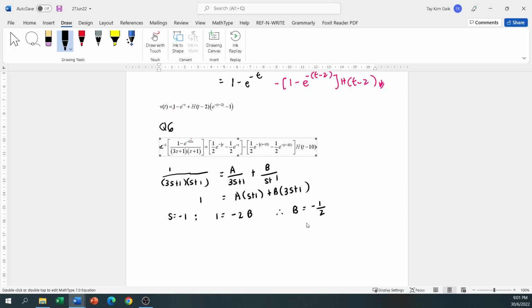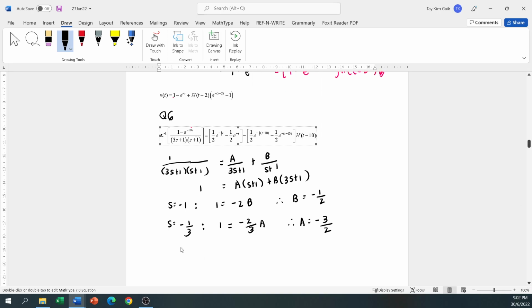Then for 3s plus 1, we substitute s equal to negative 1/3, so that the B term will be 0. The left side is the constant value 1. So when s is negative 1/3, plus 1, you get negative 2/3 A. Therefore A is negative 3 over 2.